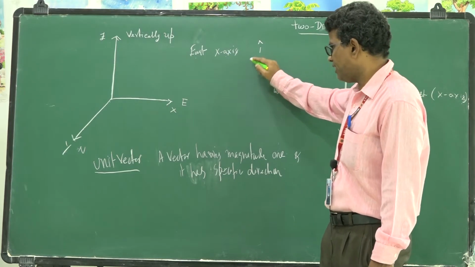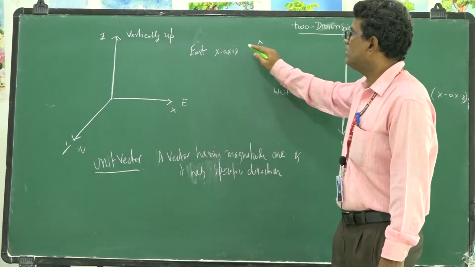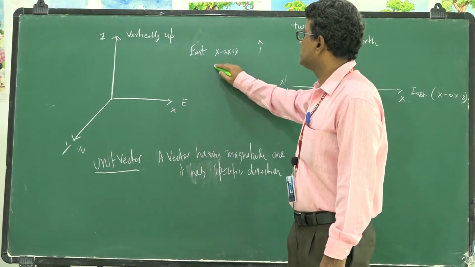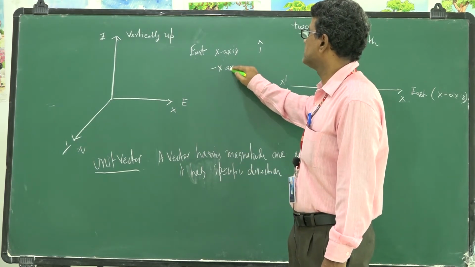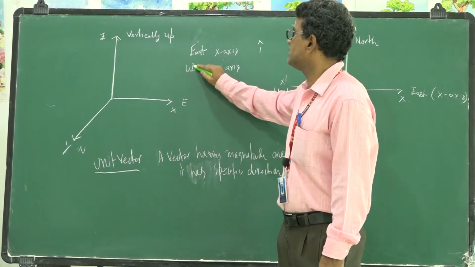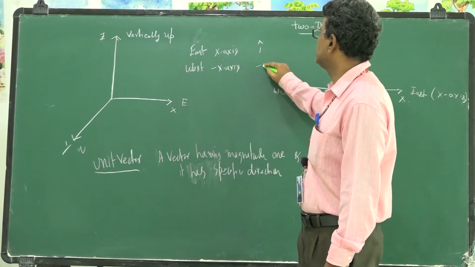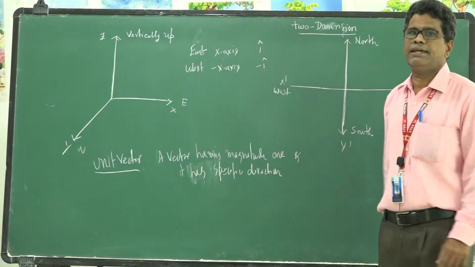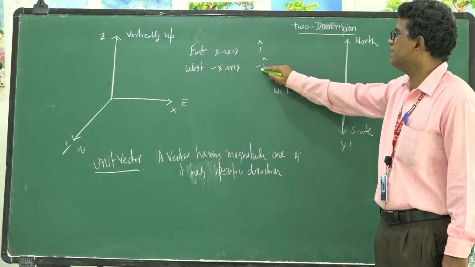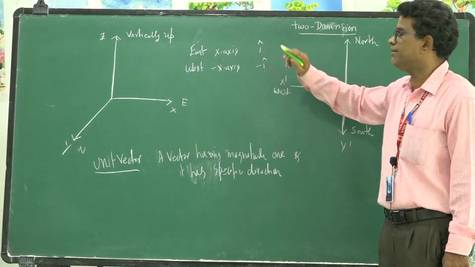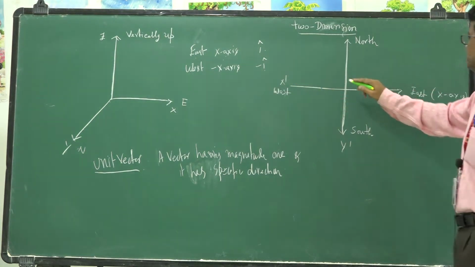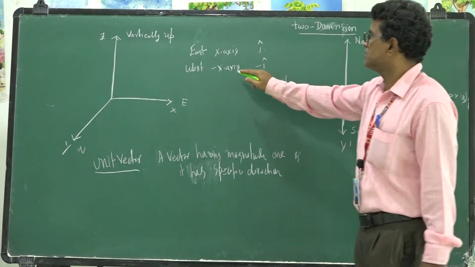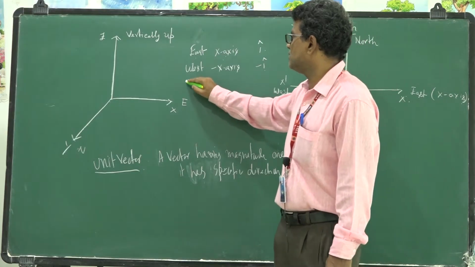It is a unit vector along the x-axis or east. The negative x-axis, that is west, is represented with minus i cap. That means i cap and minus i cap are negatives of each other. Minus i cap is opposite to east, and the opposite is west, so that is the negative x-axis.